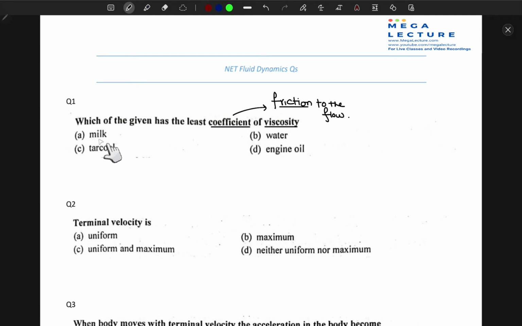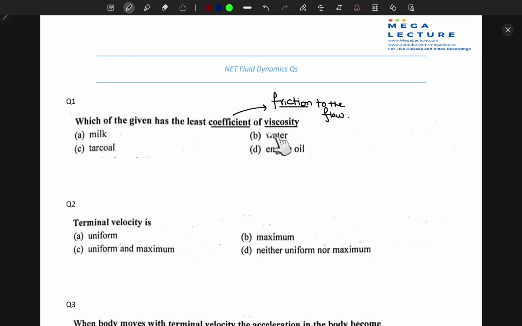You can think of it as slightly thick. Similarly, charcoal is very thick. When you pour charcoal, it's a black carbon-like substance which is pretty thick.